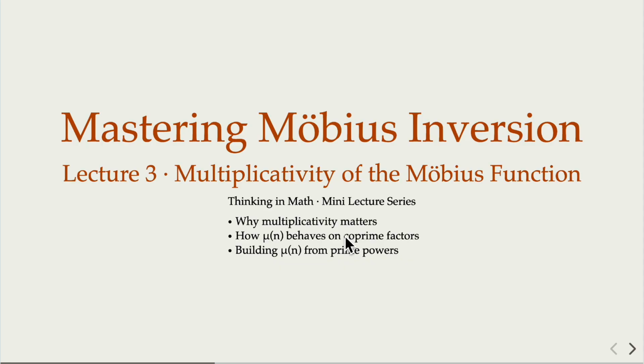This property turns the mu function from a quirky sign function into a powerful building block that interacts cleanly with divisor sums and Dirichlet convolution. This will lay the foundation for further effects of the inversion formula.